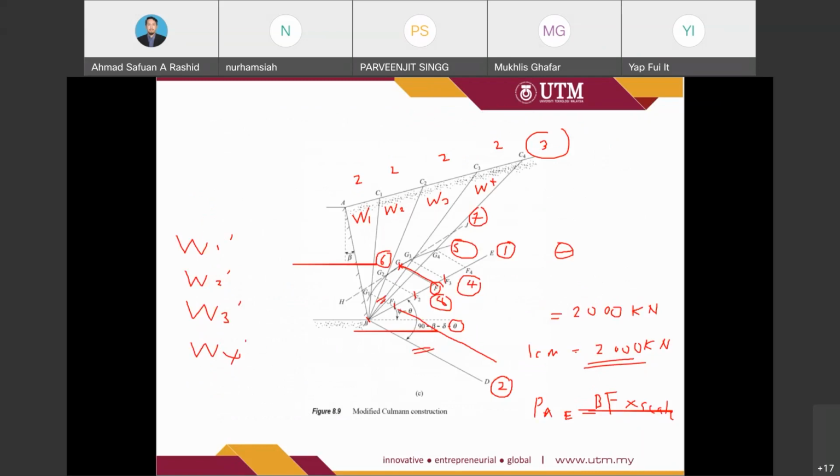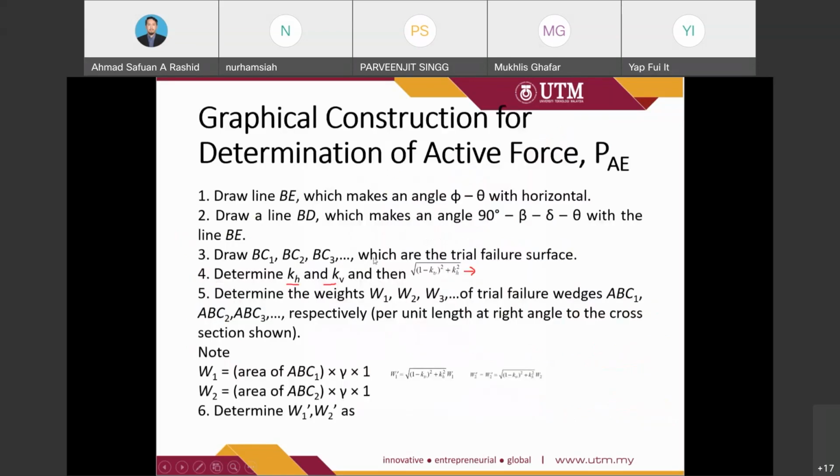I guess BF, because we drew the BF1, BF2 based on the same scale, from the same W1 prime. But we may look at the Coulomb example. Let me show the Coulomb example first. Thanks for the question.